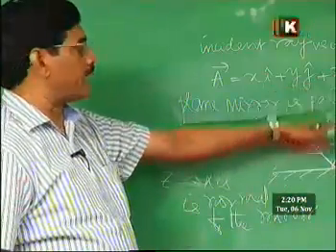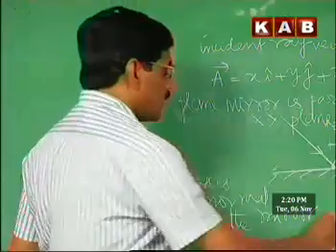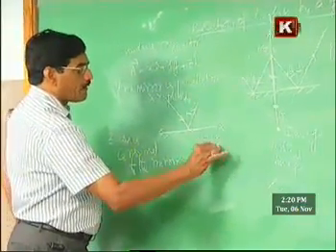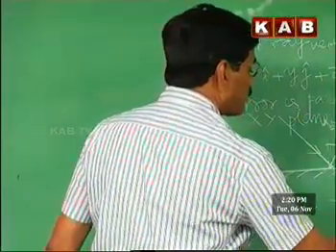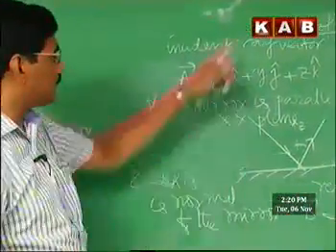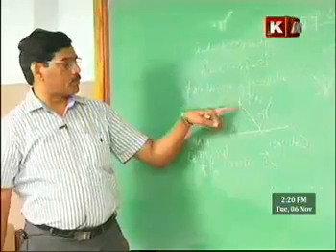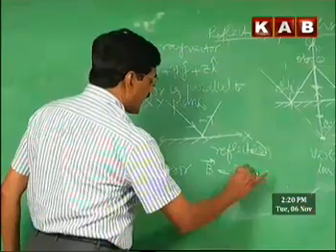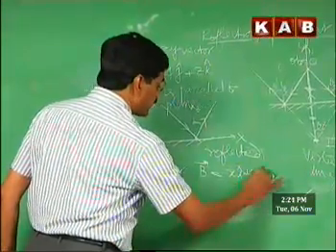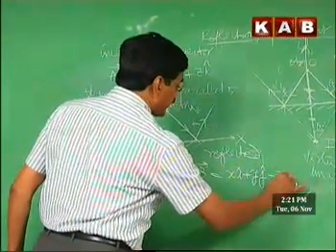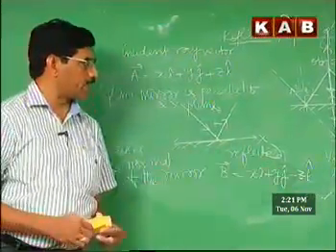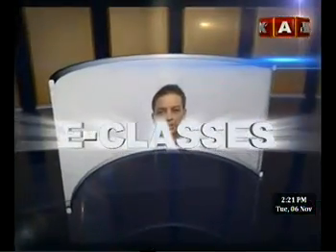Only the z coordinate is reversed. Therefore, the reflected ray corresponding to this incident ray, incident on a plane mirror in the xy plane, we can write as xi plus yj minus zk. That is how we represent it. Simply the z coordinate is changed.